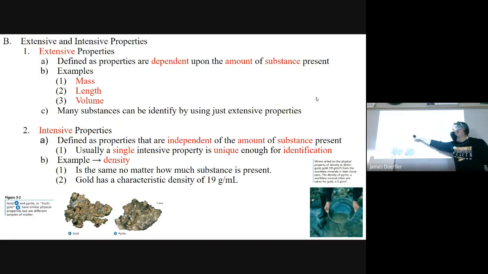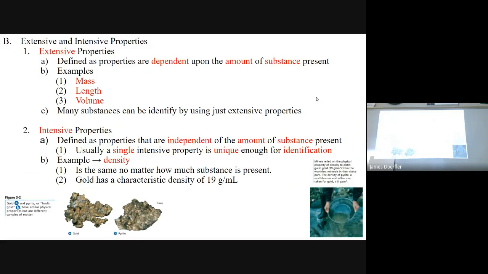Intensive, independent. I suggest that you underline the word "in" in intensive and the word "in" in independent. Those are really simple ways for you to try and remember which property is which.